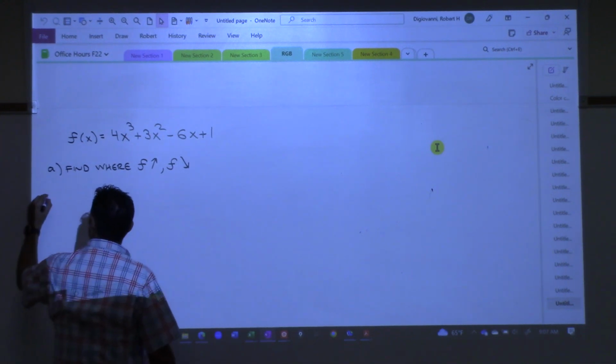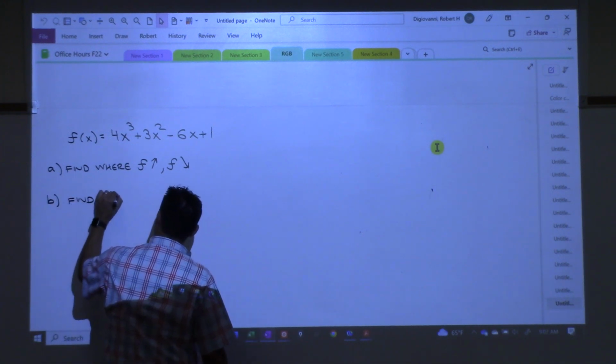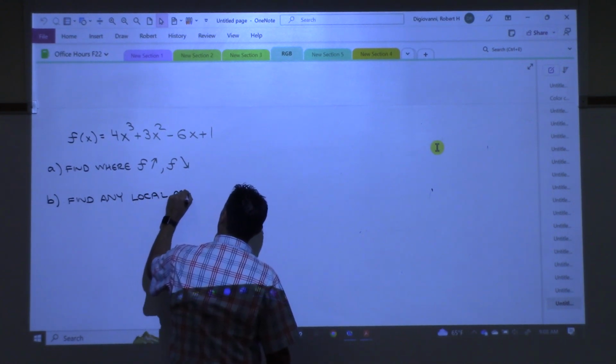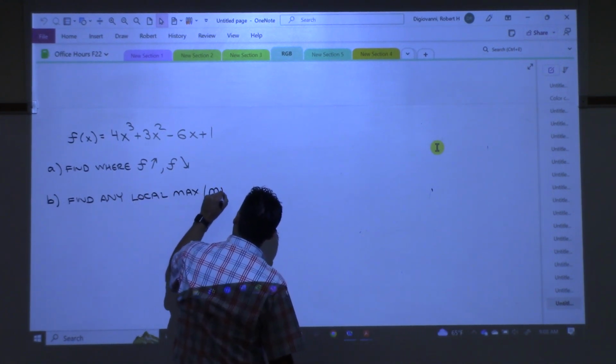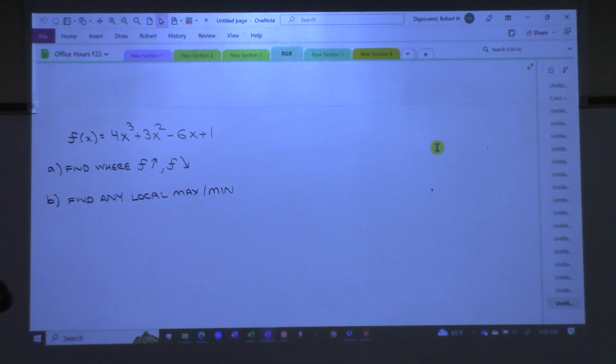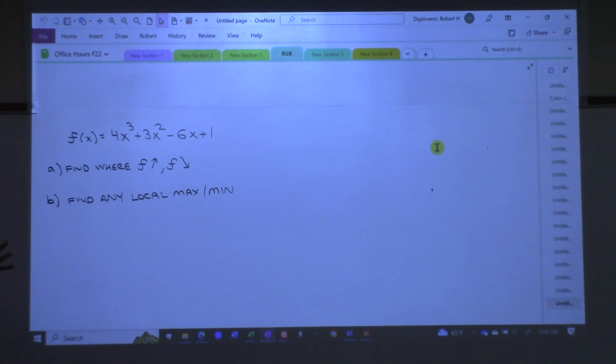That's first thing. Second thing, I want us to find any local max and mins. So I want us to figure out what are the highest points on this graph and the lowest points, local max and mins. That we did last class, so there's nothing new there.